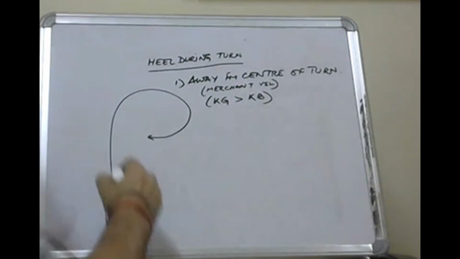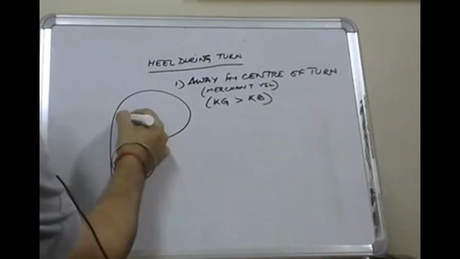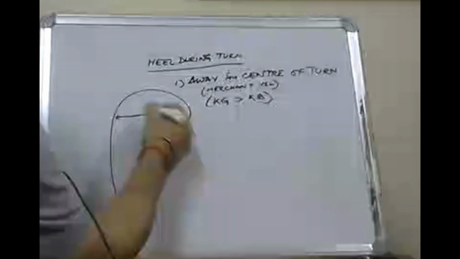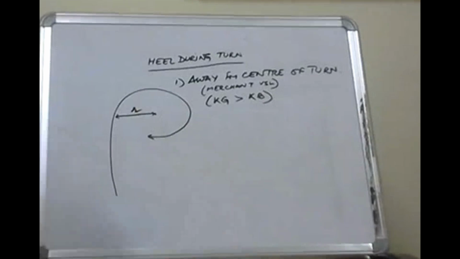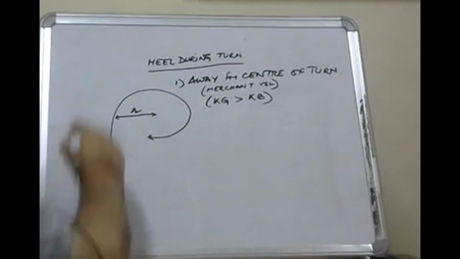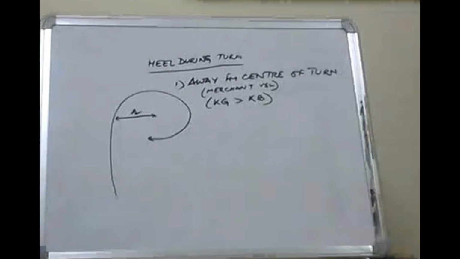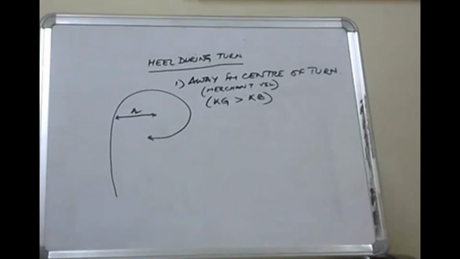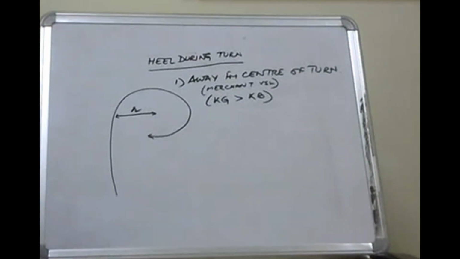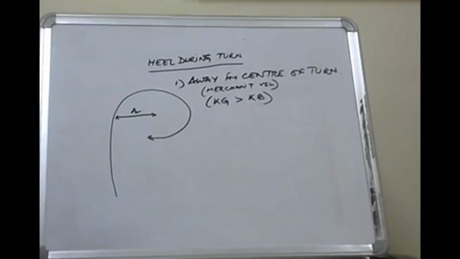So basically, when a body moves, this is the radius of the turn. When a body moves along a circular path, let me just read it out from the book to you. It's available to you in Hinship. I am on page 230 of Hinship.